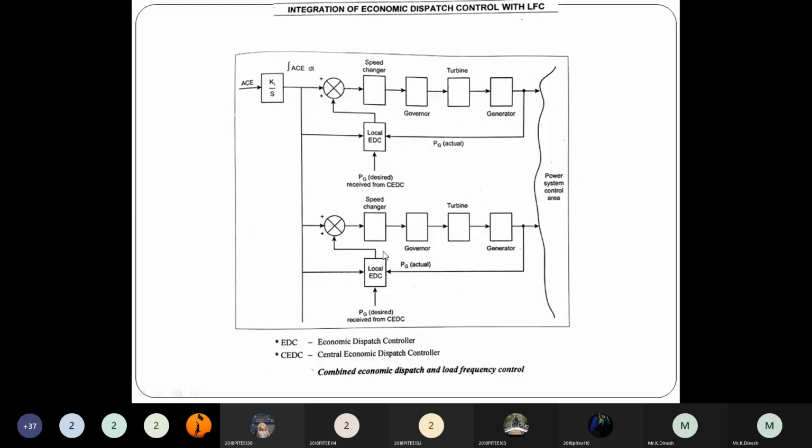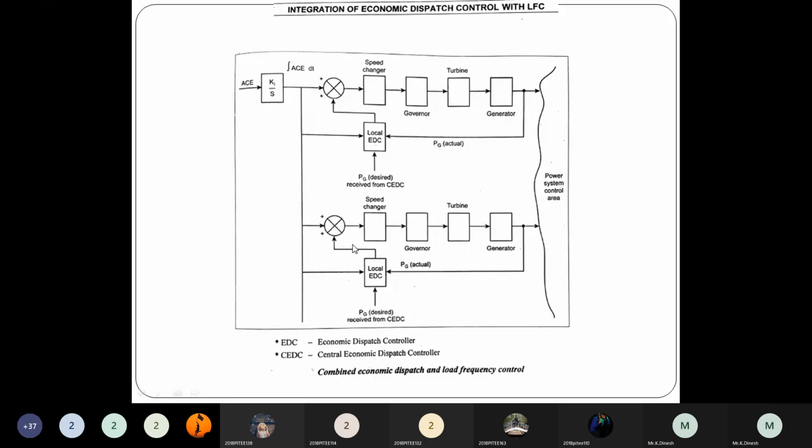So again, we have one more case. The integral controller is connected with the error vector, speed changer, governor, turbine, generator, and local EDC. The last step is, once you achieve your optimal generating power, the process is repeated again and again, just like your flow chart. EDC is nothing but economic dispatch controller.